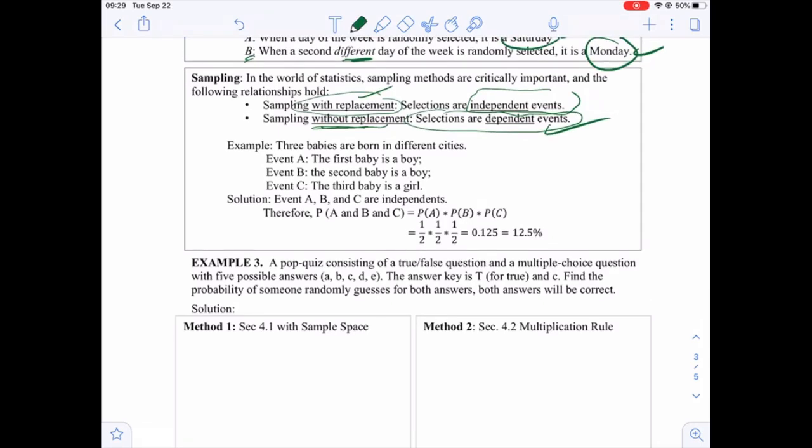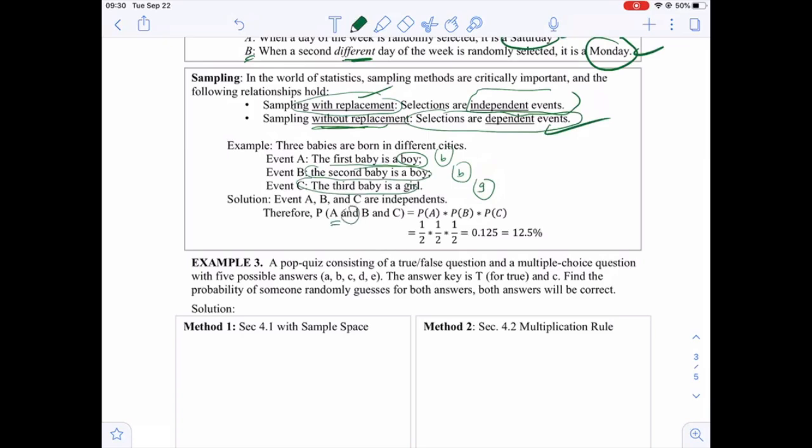Now, for example, if we have 3 babies born in different cities. In event A, the first baby is a boy, and the event B, the second baby is a boy, and the third baby is a girl. Then we want to find the probability of getting a boy in the first city, and then boy, and then girl in our third selection.